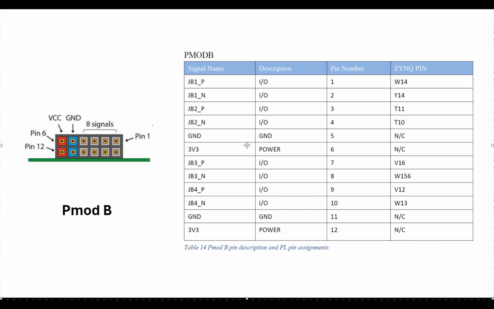Right? Now, from the user manual of Zynq, I need, because I need to make these changes in the XDC file, right? So it's important that we know what is the name of the Zynq pin and which pin number does it correspond to. I am using common anode, so I will simply take that common terminal and connect it to pin number 6.